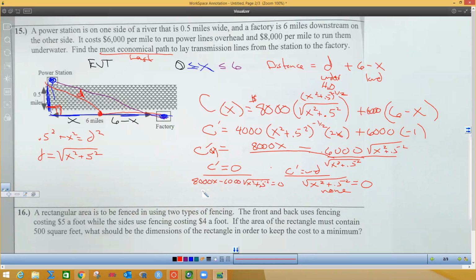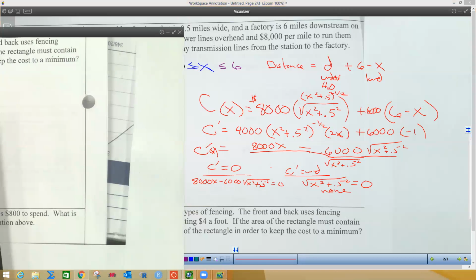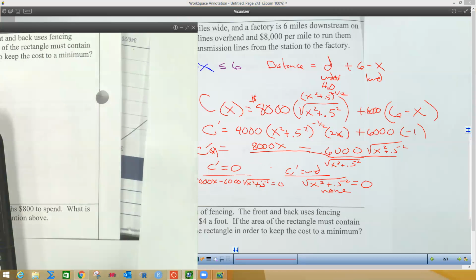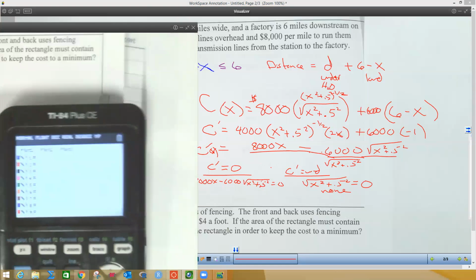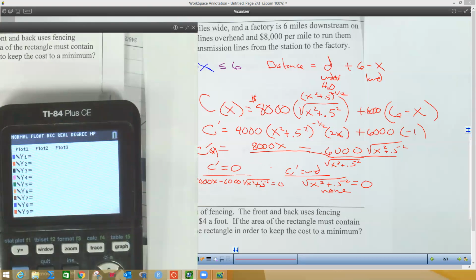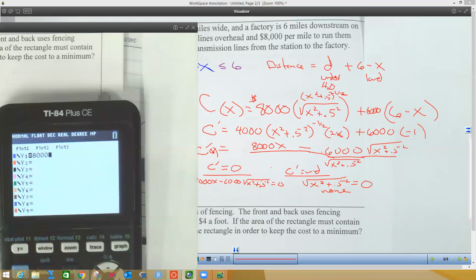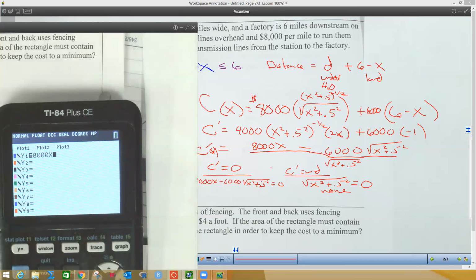So I'm going to hit y equals. Oh, let me put my camera up here so you guys can see what I'm doing. Okay, so I'm going to type in that 8,000x minus 6,000 times the square root of x squared plus 0.5 squared.